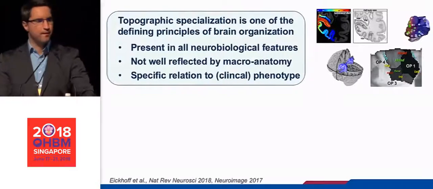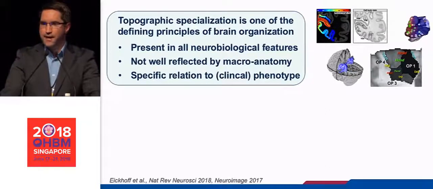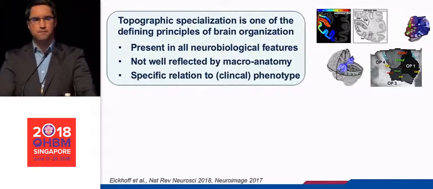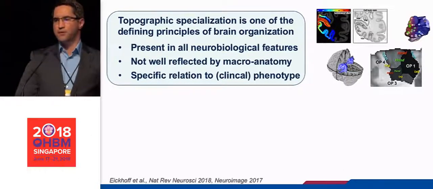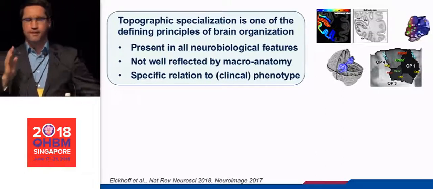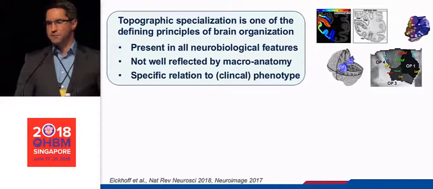To sum up that first part of the talk, topographic specialization is one of the defining principles of brain organization. It's present, I would say, in all neurobiological features, from microscale, histology, molecular, all the way up to system level.